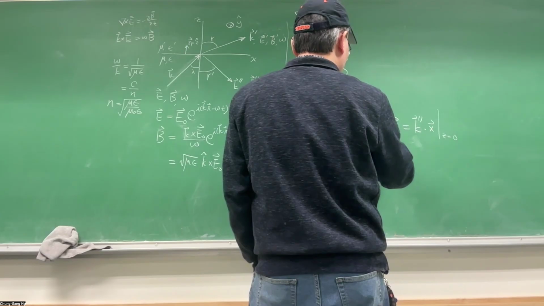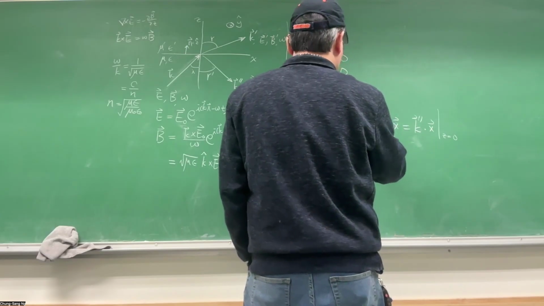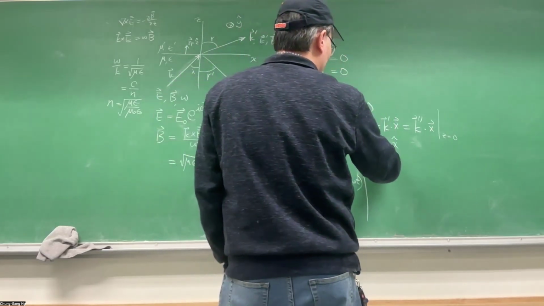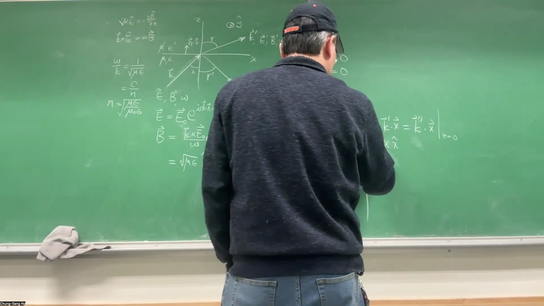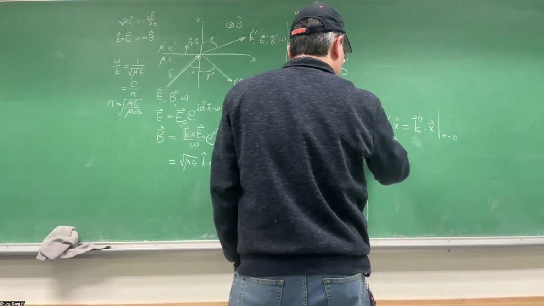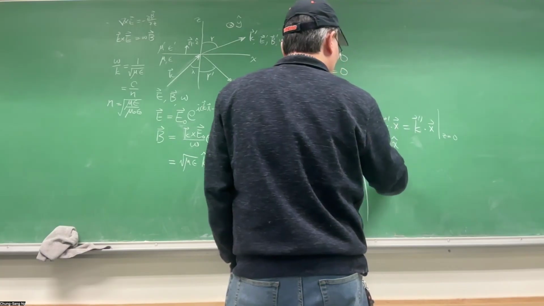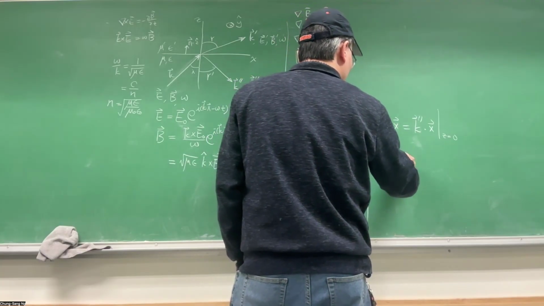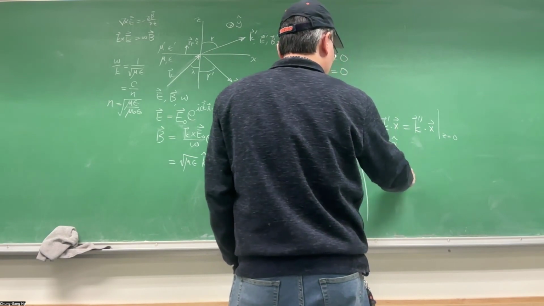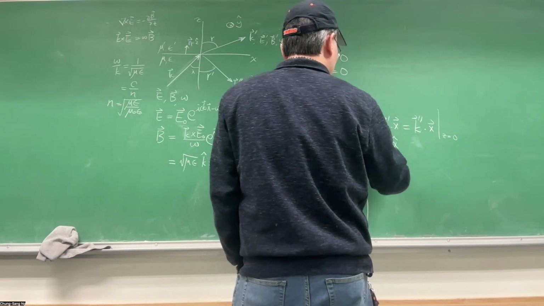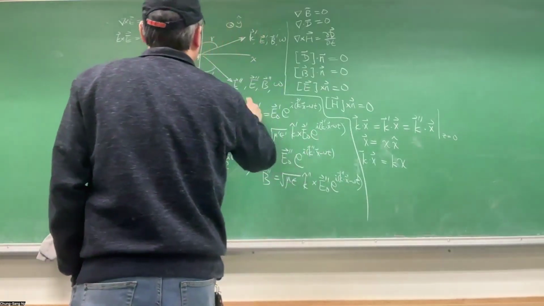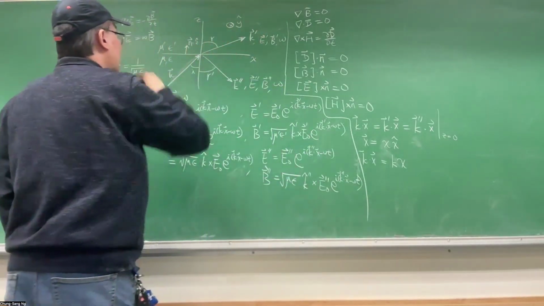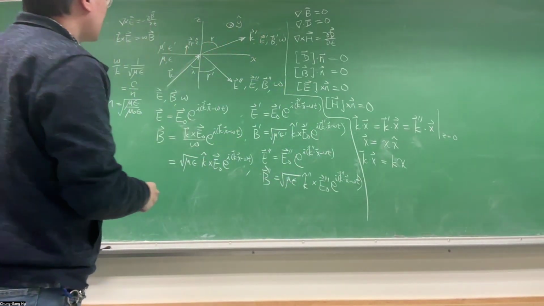So basically k dot x is the magnitude of k times the magnitude of x, which is just x, and then the k vector dotted into the x unit vector, which is along this direction.